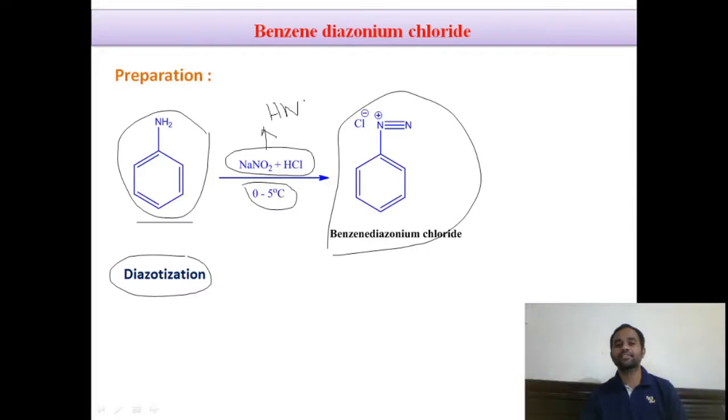Generally nitrous acid is unstable, so we prepare it from this mixture, sodium nitrite in the presence of hydrochloric acid. So when aniline is treated with nitrous acid in cold condition, we get benzene diazonium chloride as the product. This process of conversion is called diazotization.